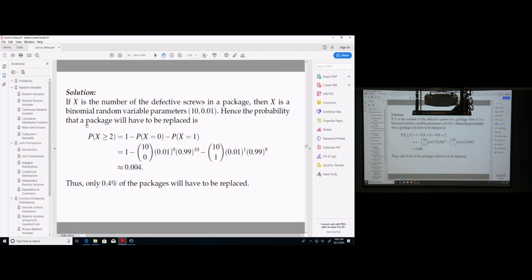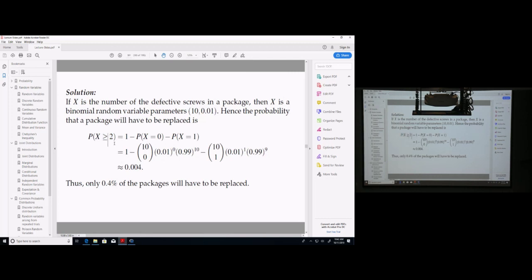Hence, the probability that a package will have to be replaced is this, X bigger than or equal to 2. I don't want to correct the English here. So this is the guarantee: if you have at least 2 defective, I will replace the whole package, okay? So you can change the sentence in the question. So this is this.